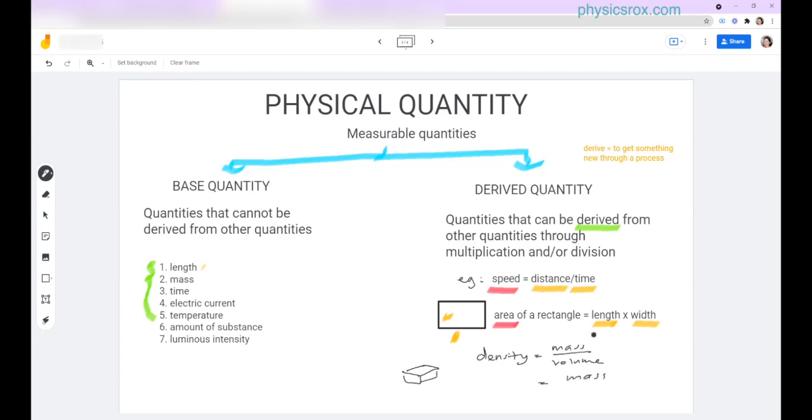So it can even become more and more complicated. But regardless, the concept here is just to explain that these are derived quantities. You take other physical quantities, multiply or divide, and you get something new. So that's base and derived quantities.